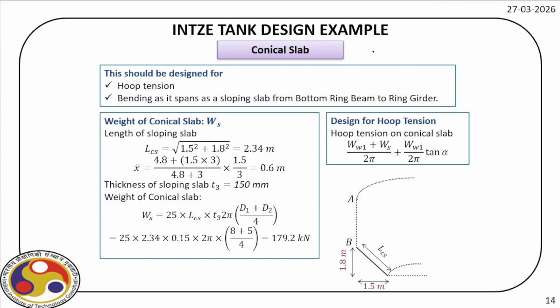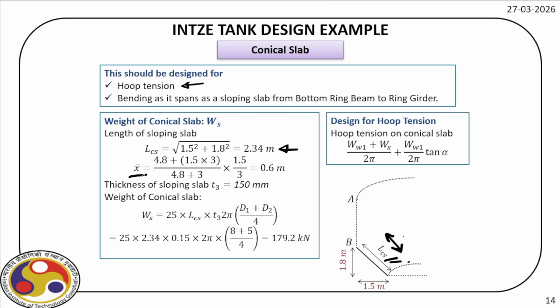Next component, this conical slab, is designed for hoop tension and bending. For that, let us first find out the weight of the slab. So LCS, that is the length of the conical slab, we can find out from the geometry. It is 2.34 meter.